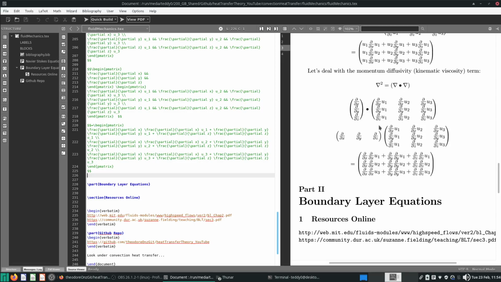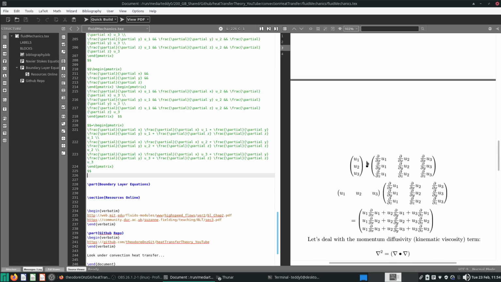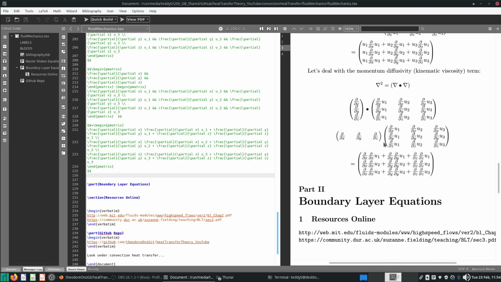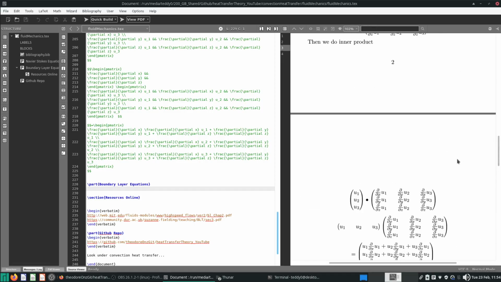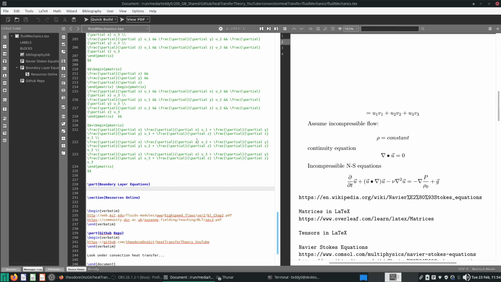We did a Laplacian of that. When we take this dot product with the tensor, we get back a vector, so we reduce the order of the tensor by 1. Okay, so great. Now what's next?